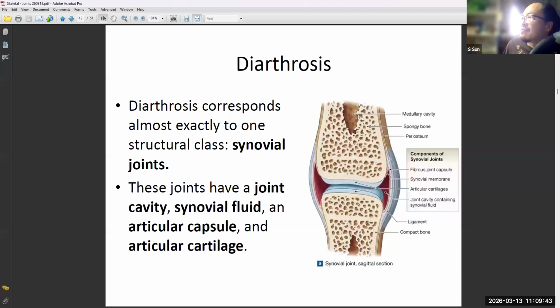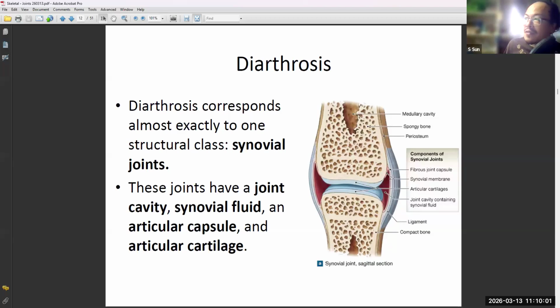This fibrous layer is continuous from the bone. Here's the bone, which has the periosteum as its outer layer, continuing into this fibrous layer and on to the other bone.